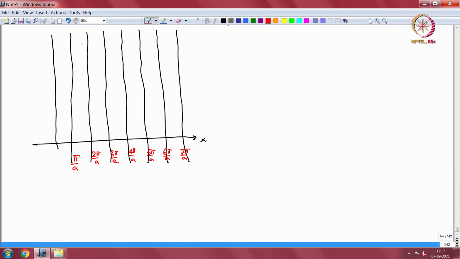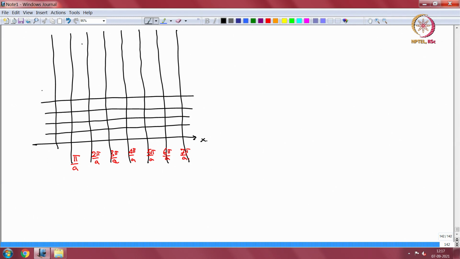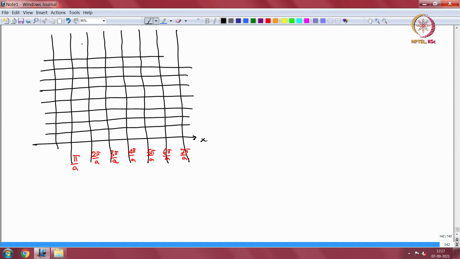Then let me choose this little oblong. I'll choose one line here, next line here, next line here, next line here. They are supposed to be equidistant and so forth. What is this?